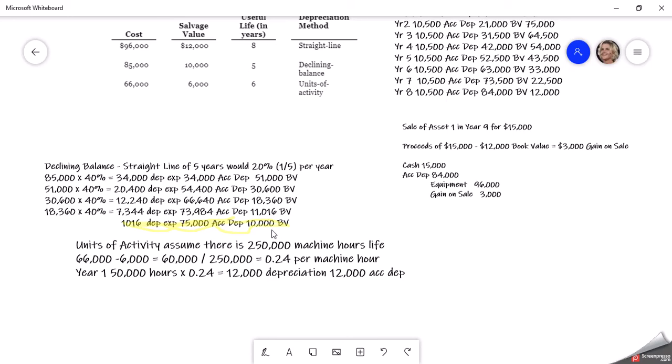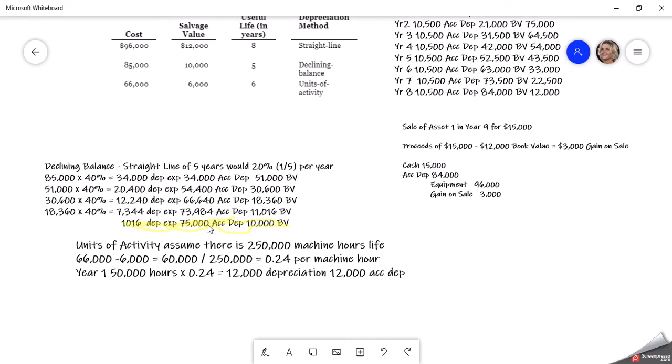I started with this. I said, okay, I want to have $10,000 in my book value at the end of all of my depreciation because I want it to equal my salvage value. So this I know. So I start here and then I work my way back. Well, if I want my book value to be 10,000, my accumulated depreciation would have to be 75,000.